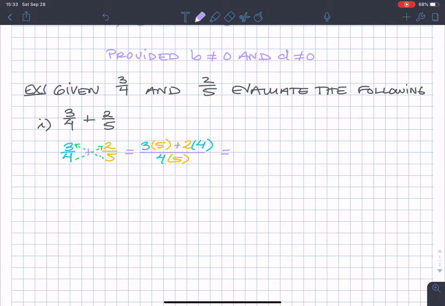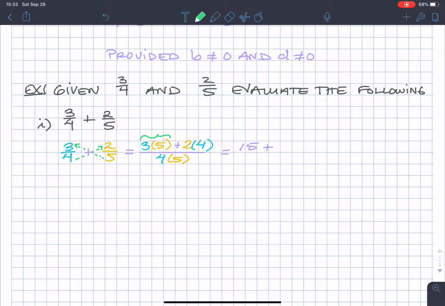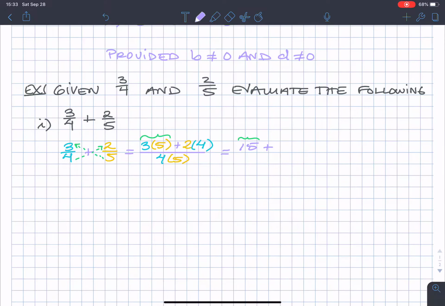3 times 5 is 5 added to himself 3 times. So 3 times 5 is 5 plus 5 plus 5, or 15. So that's what we get for this first simplification here. Now 2 times 4 is 2 added to itself 4 times, or 4 added to itself twice.